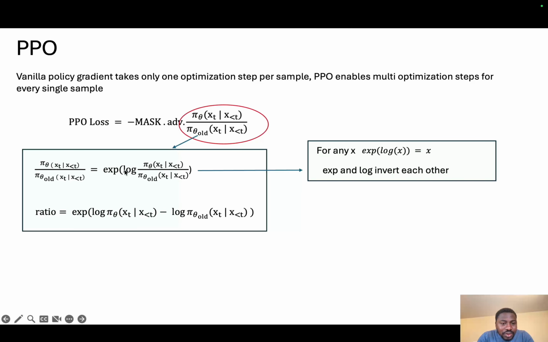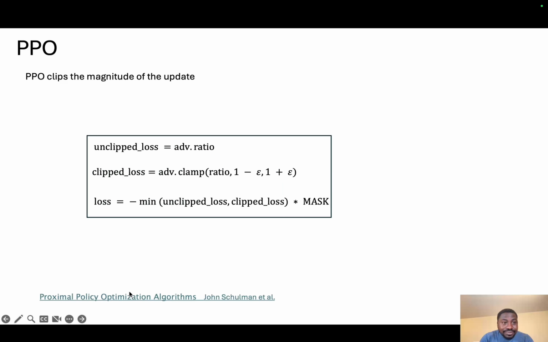And once you have the log there, log a over b equals log a minus log b. So you have what we call the PPO ratio, which is the exponent of the log prob under the new distribution minus the log prob under the old distribution that generated the data.